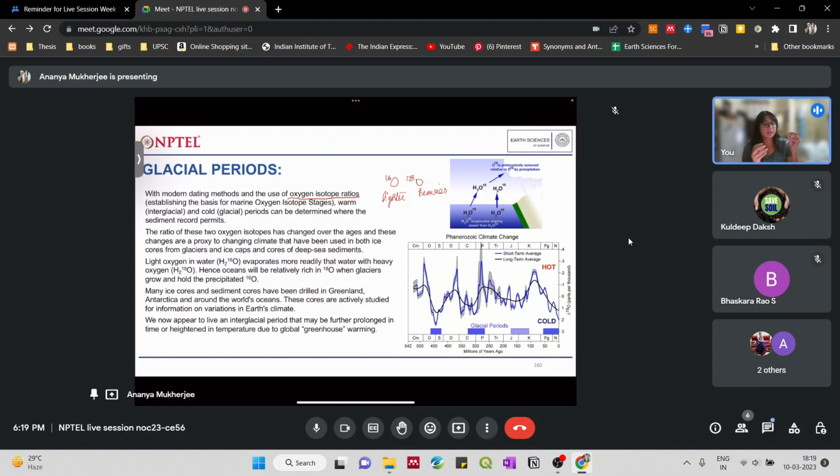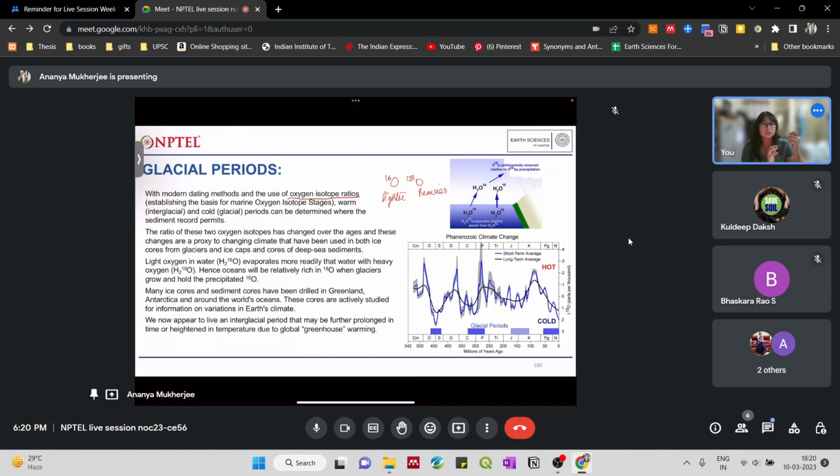O18 will be preferentially removed relative to O16 by precipitation. So again that ratio is going to help you to understand whether there was more evaporation happening or less evaporation happening.